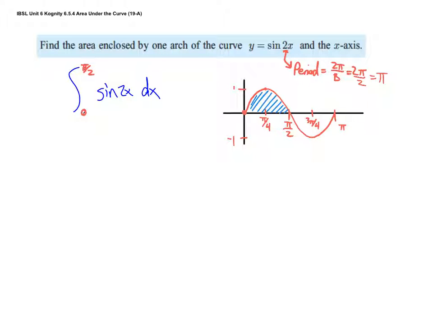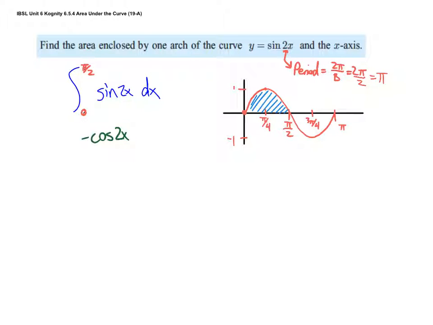Any questions so far? Okay. Now, how do I take the integral of this? So what's the antiderivative of sine of 2x? Negative cosine 2x.